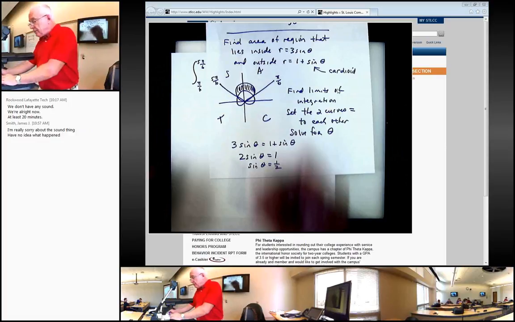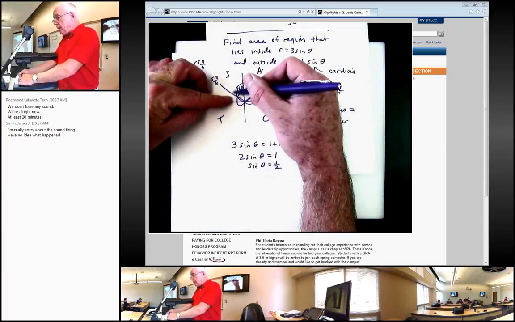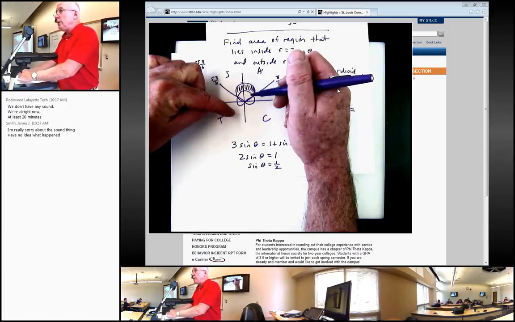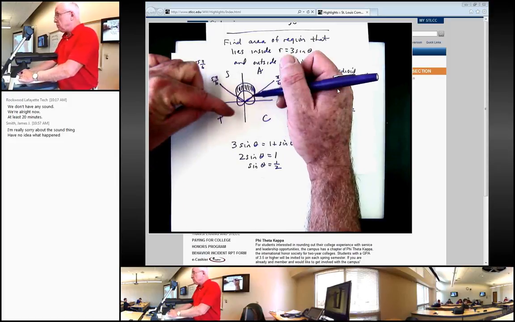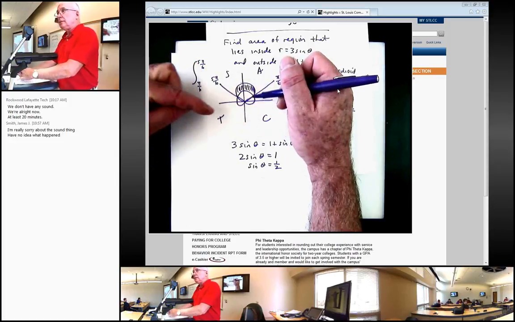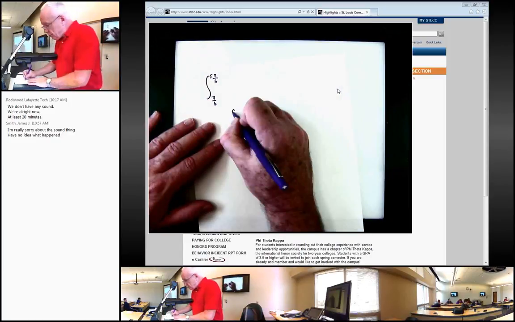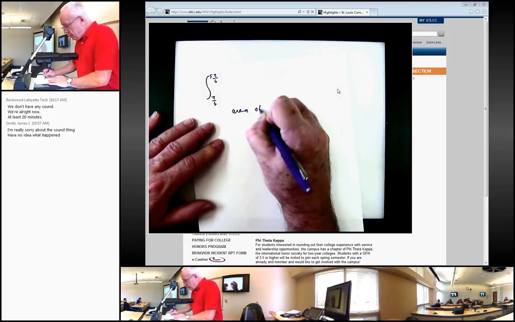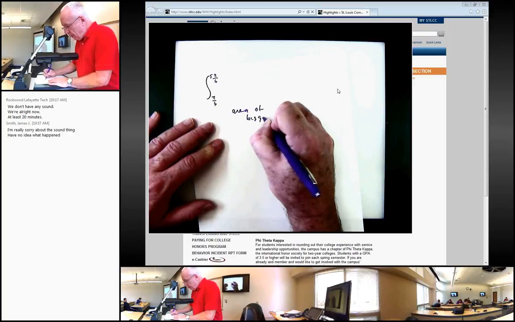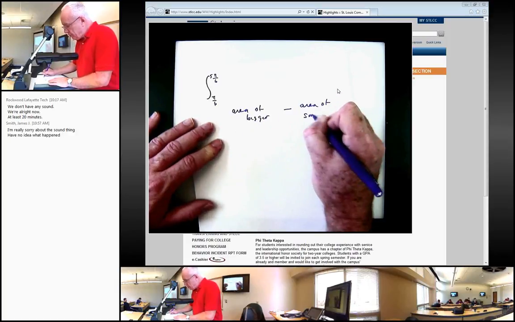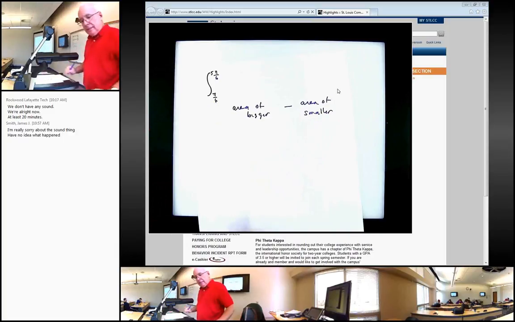So basically that area is going to be the area that we get from the bigger one minus the area we get from the smaller one. Does that make sense? The difference of the two areas. So it's going to be equal to the area of the bigger minus the area of the smaller. So let's set this up.